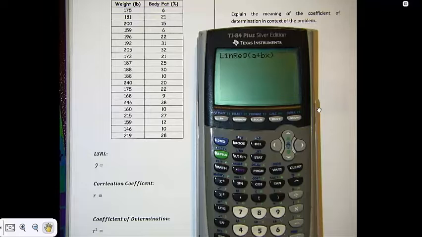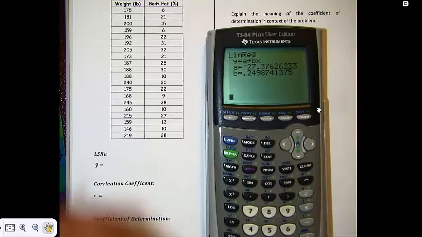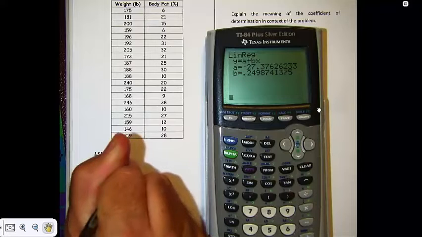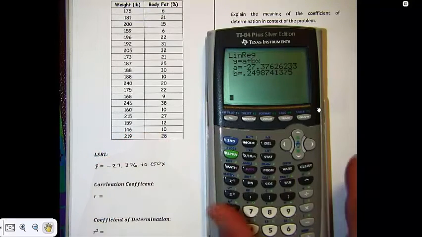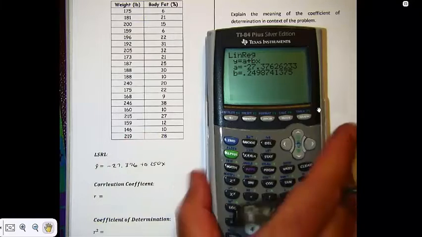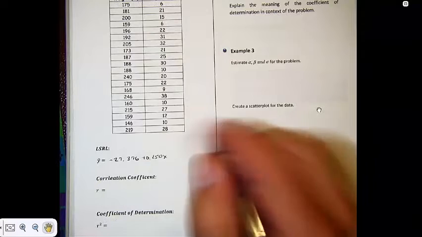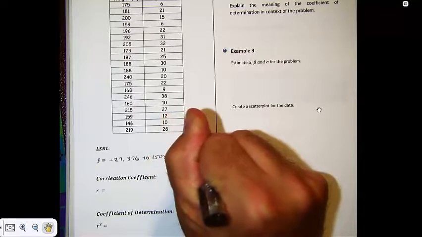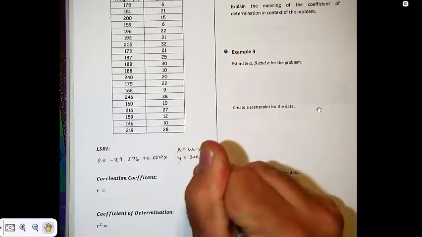So our least squares regression line here, based on this bivariate data, is going to be y hat equals negative 27.376 plus 0.250x. Now recall, when we're writing the least squares regression line, we need to define our variables here, where x represents weight in pounds and y represents body fat in percent.